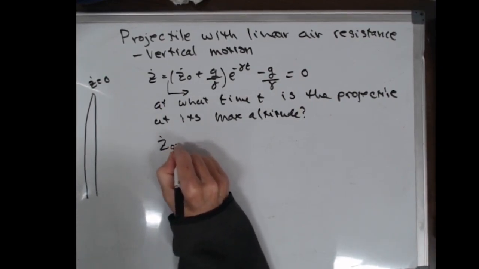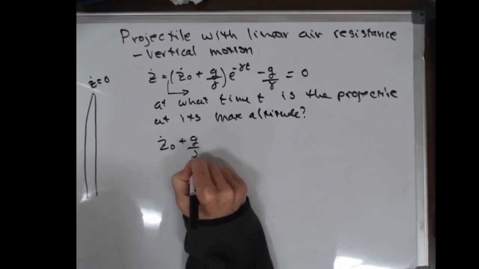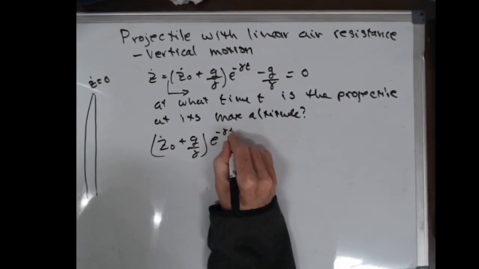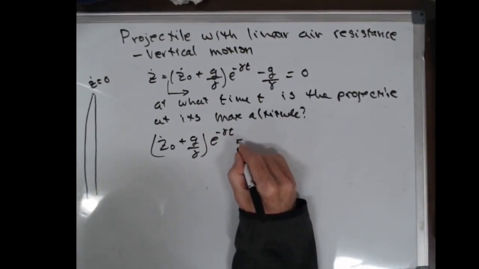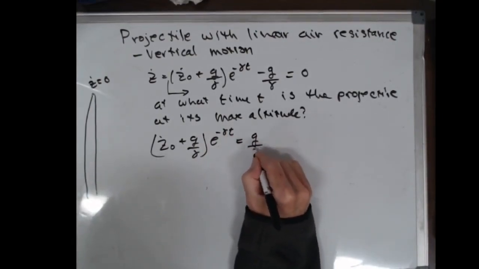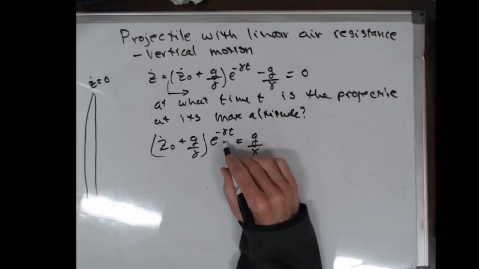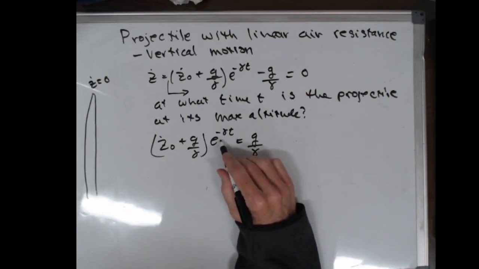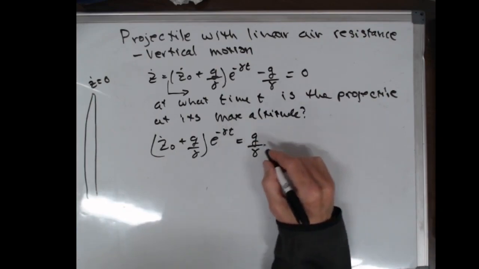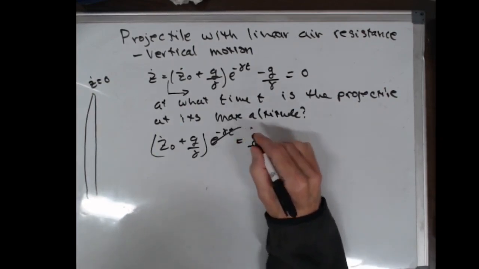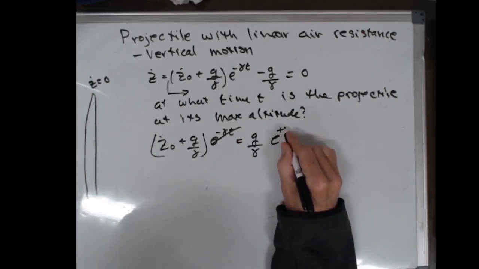We can rearrange that, and we get z dot naught plus g over gamma, times e to the minus gamma t, is equal to g over gamma. I've just added this to the other side. And now I'm going to try to isolate the time, and I'm going to do it by getting a positive exponent on it. So I'm going to multiply it over to this side, and I'm going to cancel it here, and this is going to be e to the plus gamma t.